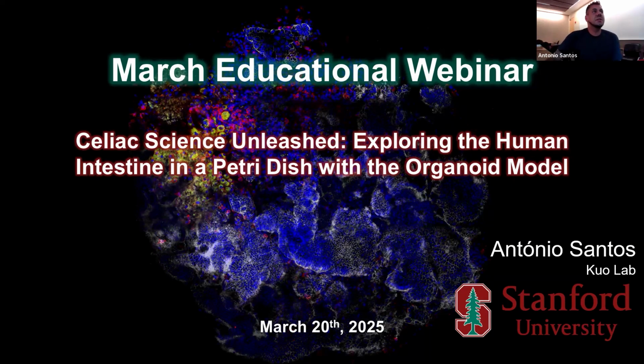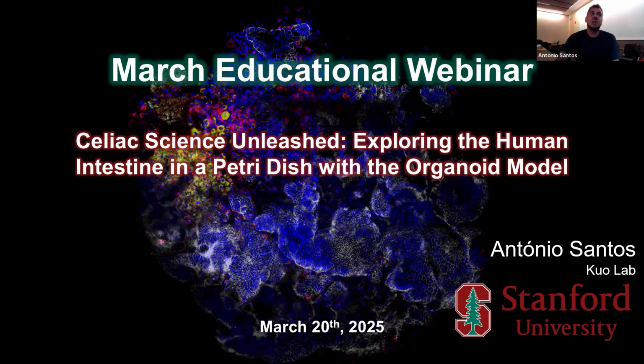So my talk is about a new organoid model that I generated being in the Cool Lab here at Stanford. It's really a way to recapitulate human disease, in this case celiac disease, in a petri dish. This is very novel.